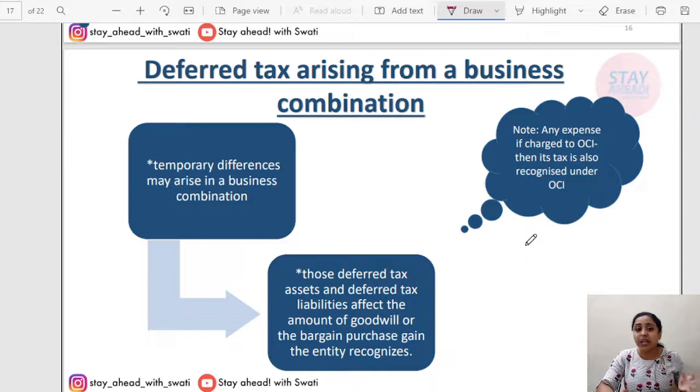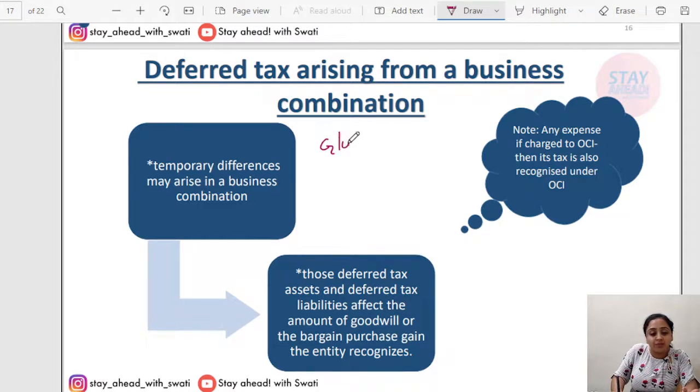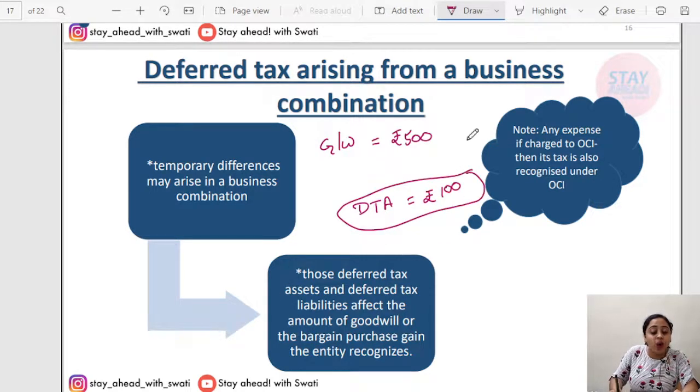Are you clear? Here also, if any DTA or DTL arises and there is goodwill, then it is first adjusted over there. For example, there is a goodwill of rupees 500, and there is a DTA of rupees 100 that arises afterwards. Now, how do you need to show it?